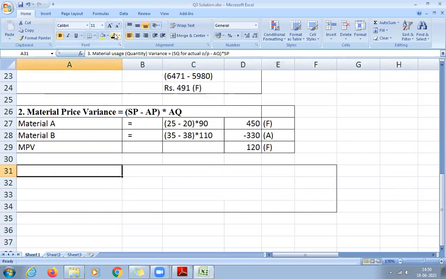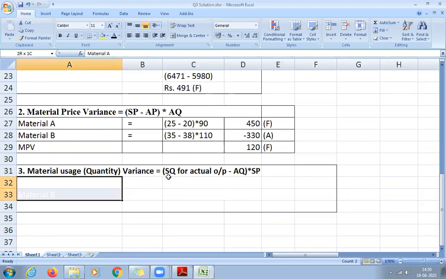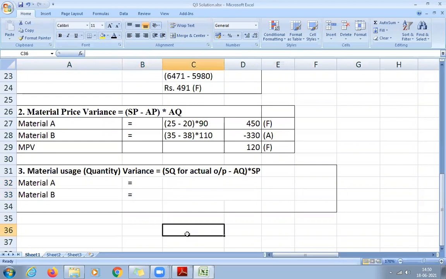Yes, sir. Next we have to calculate material usage variance, or material quantity variance. The formula is standard quantity for actual output minus actual quantity, into standard price. We have to calculate for A and B. First convert to standard quantity for actual output.